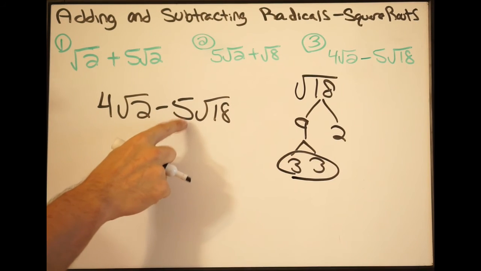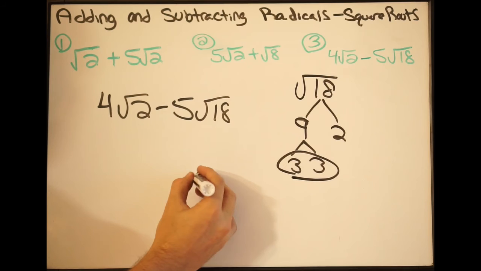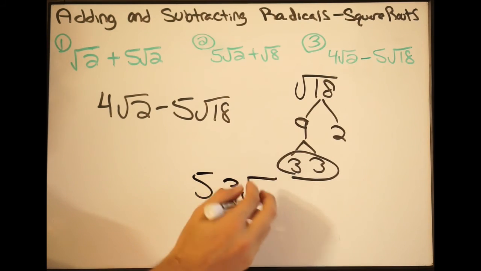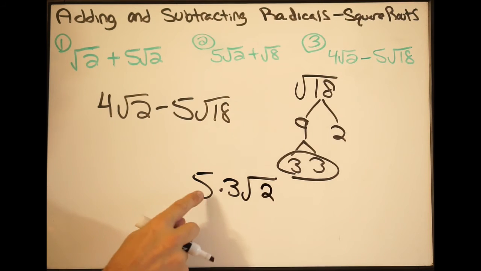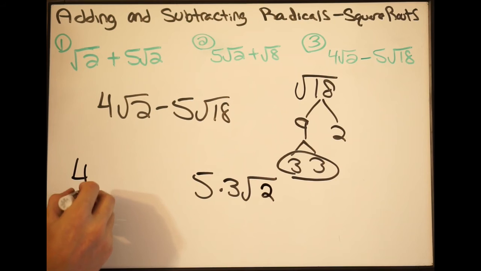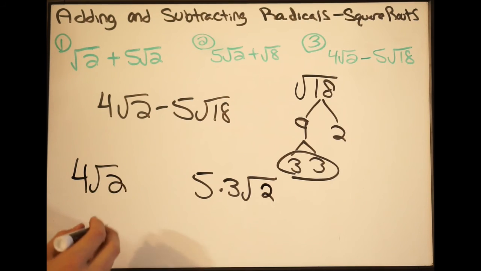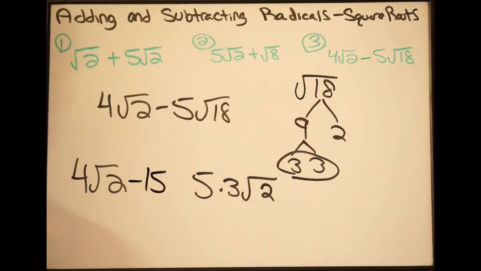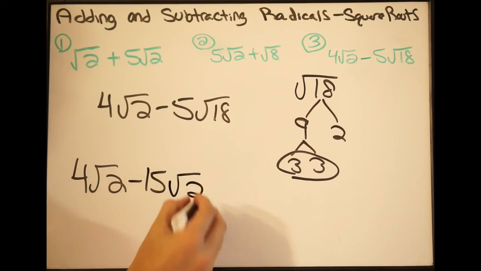Now look, I do have a 5 here, so what happens is this: I have 5, I pull out a 3, so it's multiplication times 3, and then we have the square root of 2. So this is going to give us 15 here, so watch what happens now. We get 4 square root of 2 minus, and we're just going to put 15 square root of 2. Okay?